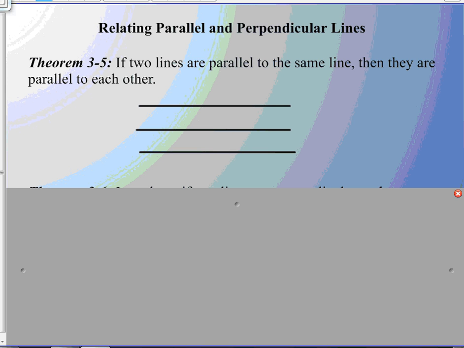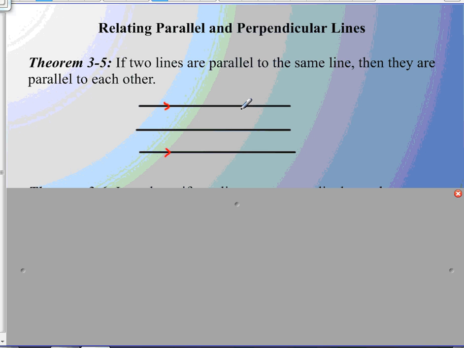So in order to demonstrate that, I'm going to just mark up our picture here real quick. All right, so I have this line and this line, and they are parallel to each other, okay?